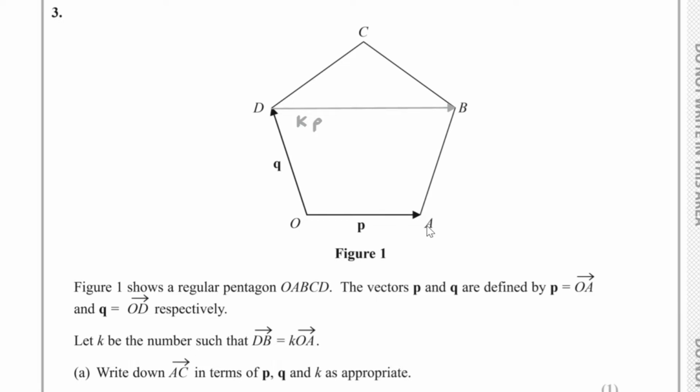So if I think about AC, starting at A, finishing at C, the side opposite it is Q. And so this vector is K times bigger than Q. Because we've got a regular pentagon, this side will equal this side. So the vector AC is K times bigger than Q. And so here we've got the vector KQ.